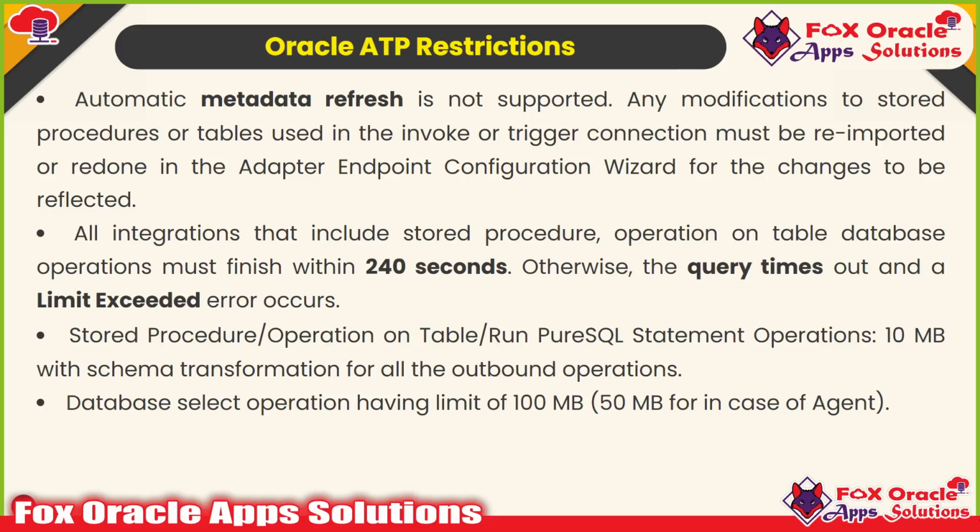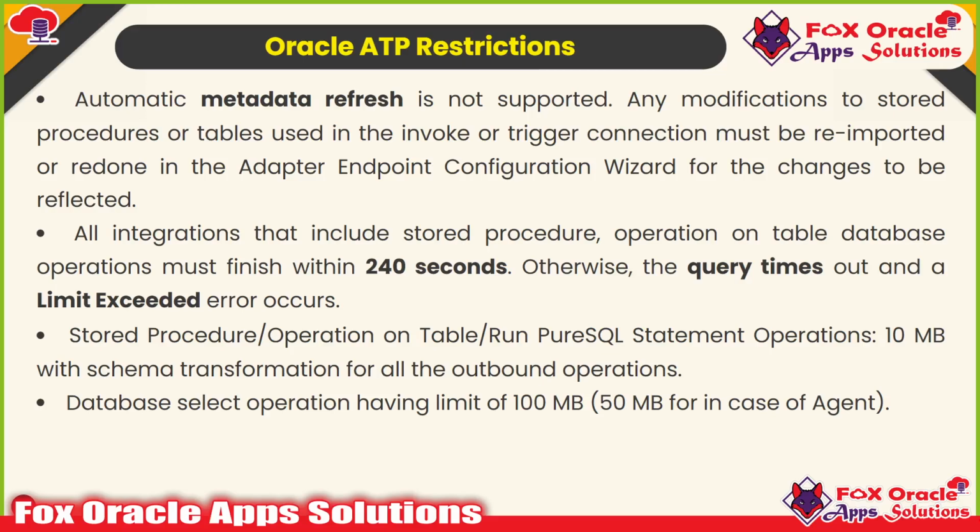When we say 100 MB only, it's a cloud-to-cloud connection. ATP is a cloud database, and we directly use ATP in our OIC to access the database, so we have the 100 MB limit. And if we have the agent for ATP, in some cases you can have an agent installed for ATP. As it's already a cloud-based database, why are we using an agent?